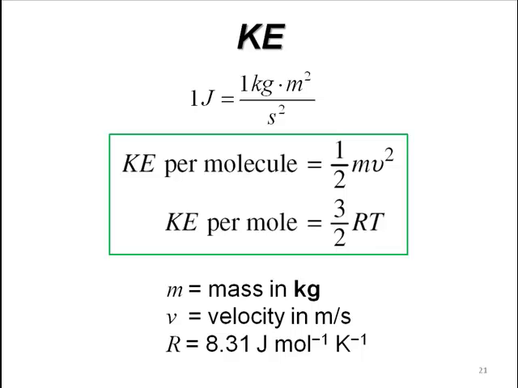Now, one thing you'll notice is kinetic energy is in joules. M is mass, that's kilograms. Velocity squared is meters per second, and you square both of them. So that's why a joule is a unit of energy, and why both of these equations will give you the correct units. R is supposed to be joules per mole Kelvin.